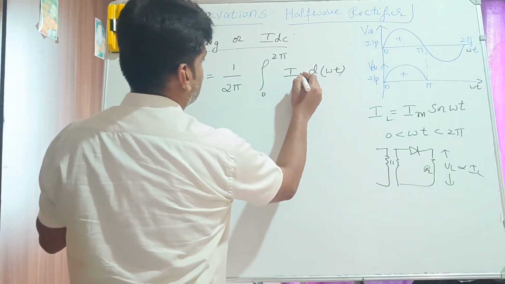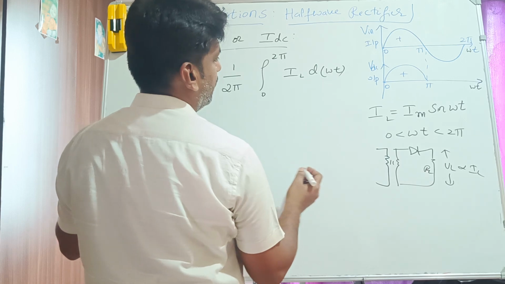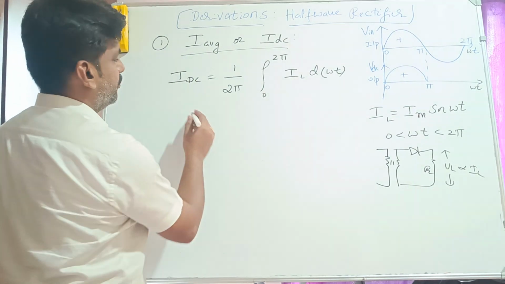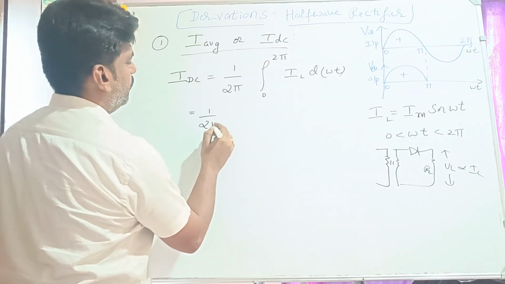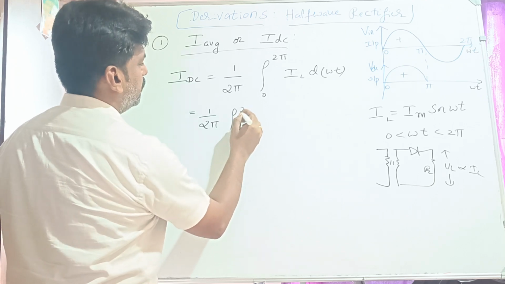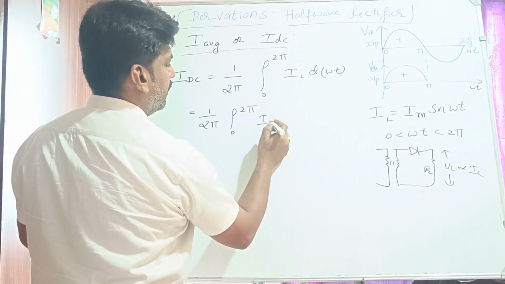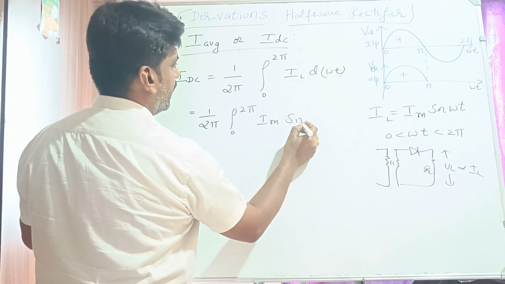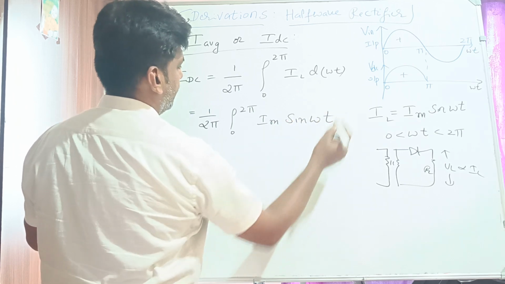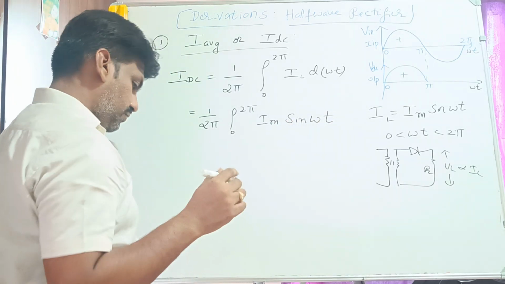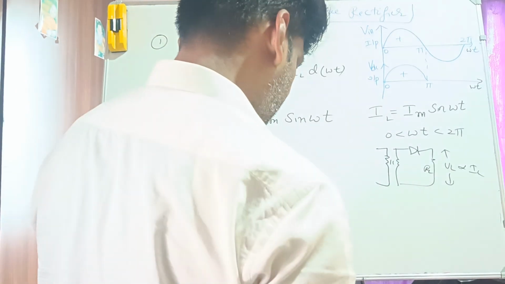And that I is nothing but in this case IL, right? Next, start substituting: 1 divided by 2 pi, 0 to 2 pi, and IL. What is the value of IL? It is Im sine omega t, right? So this is what the IDC will be.